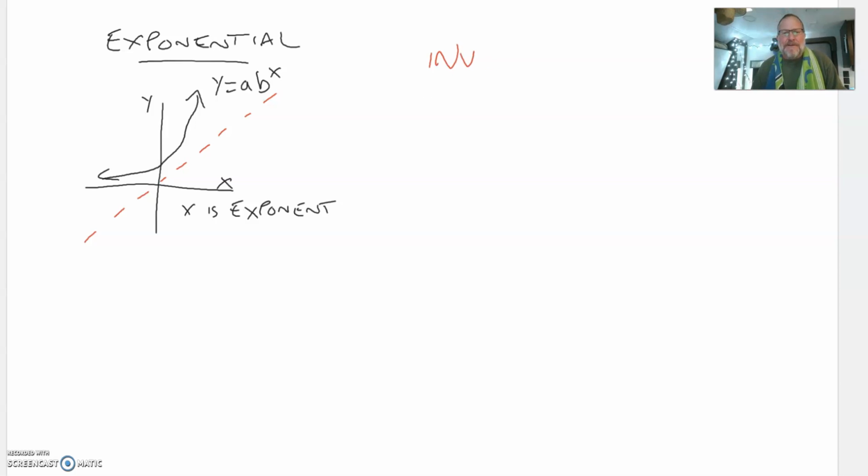An inverse is when we switch, right? Switch x and y coordinates and see what happens. Because if you think of functions, x goes in, y comes out. If you want to undo that, then y goes in.